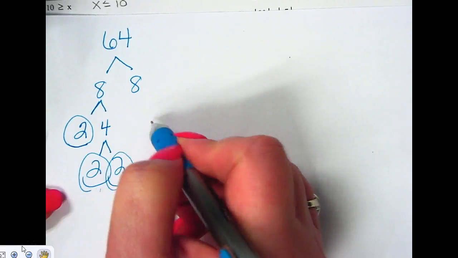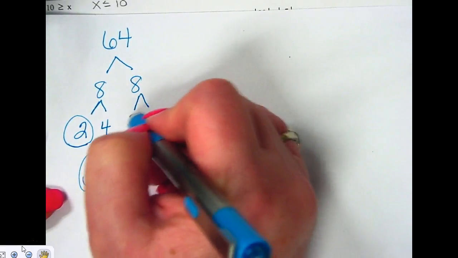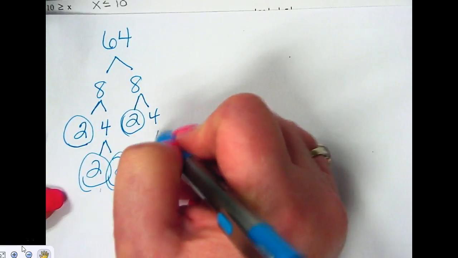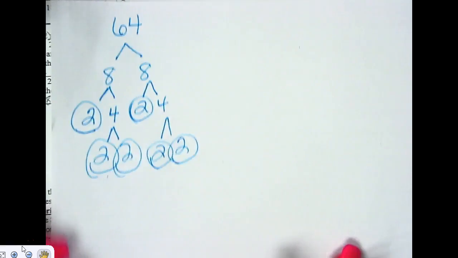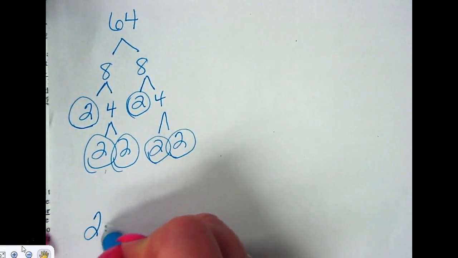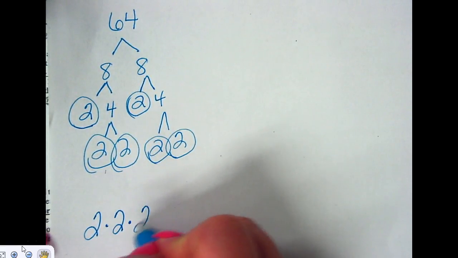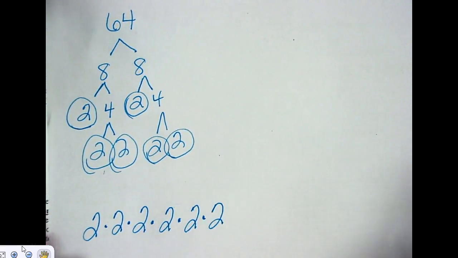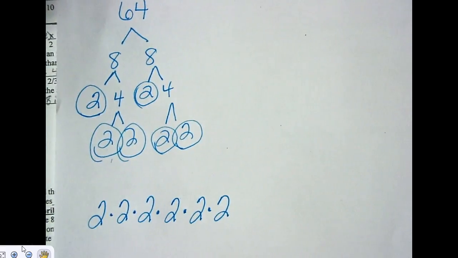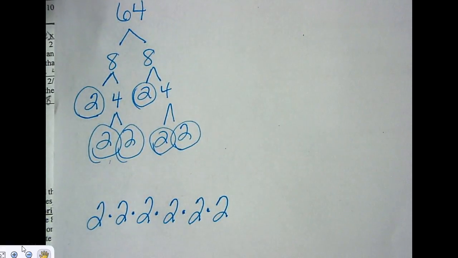Do that same thing over here for this 8. The prime factorization of 64 is 2 times 2 times 2 times 2 times 2 times 2. If I multiply all those 2's together, they're all prime numbers, I'm going to get 64.